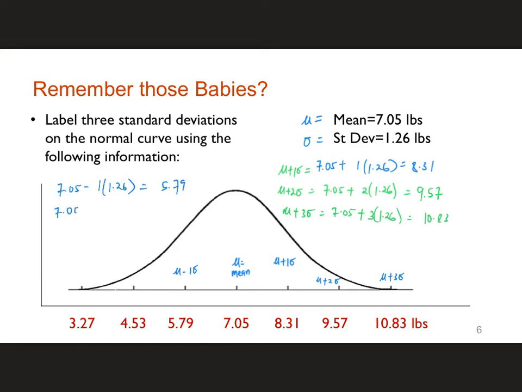We have 7.05 minus 2 times 1.26. That gives us 4.53. So that is 2 standard deviations below the mean. And lastly, 3 standard deviations below the mean. So that is 7.05 minus 3 times 1.26. That gives us 3.27. So that is how we get these values.